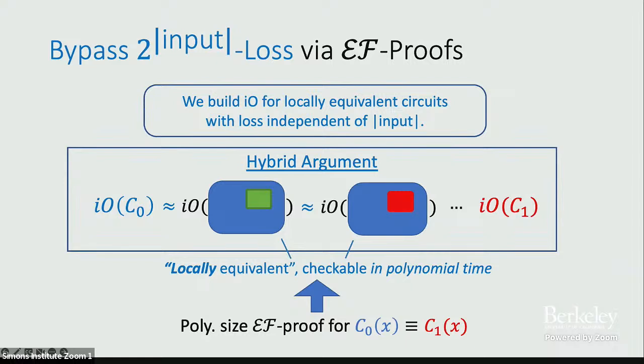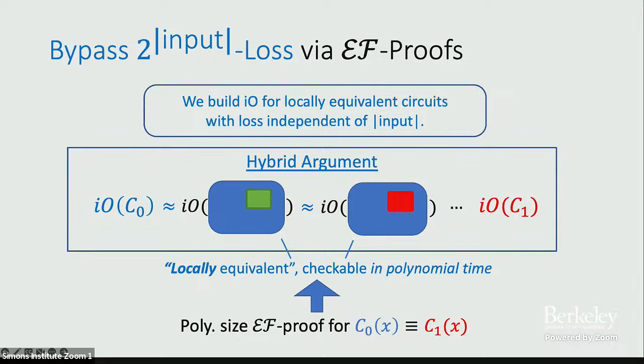And if you have a polynomial size extended Frege proof, then the number of hybrids is also a polynomial. So the total loss of this hybrid argument is a polynomial times a loss that is independent of the input length. In this way, we bypass the 2 to the input length barrier. So are there any questions?